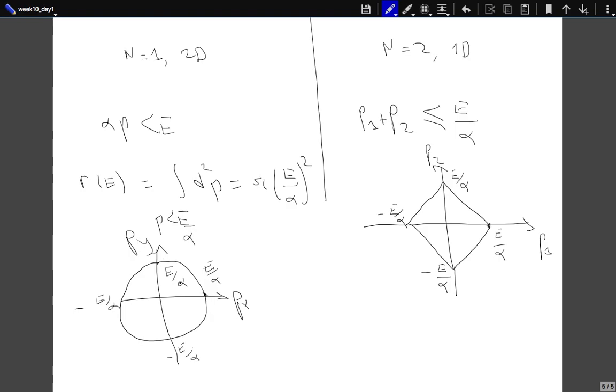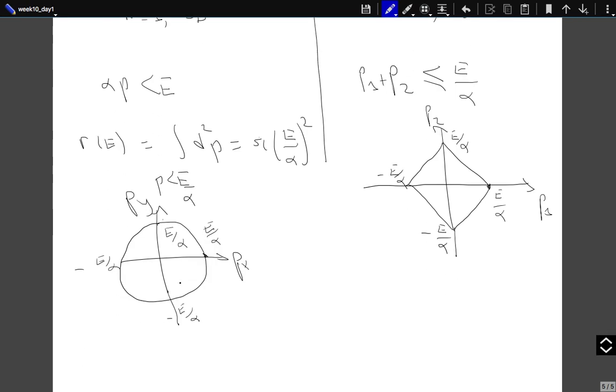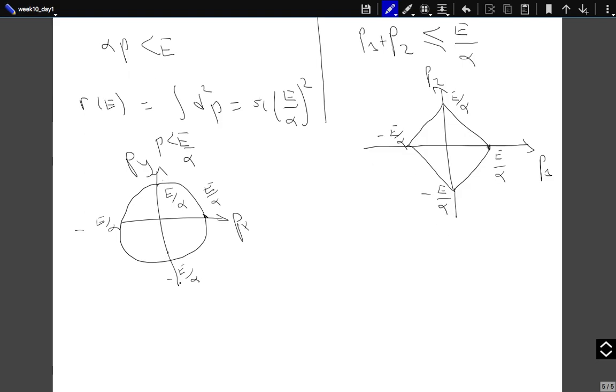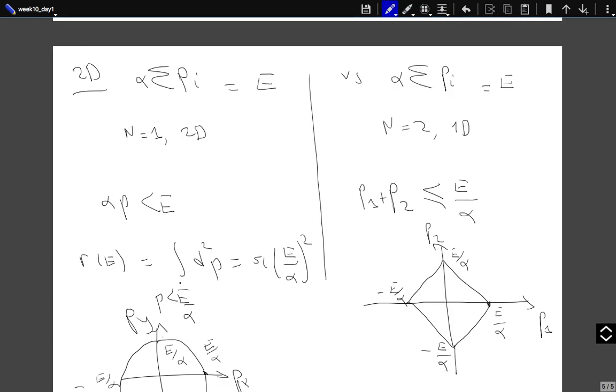Now, if you go to higher than 2 dimensions, the n particle case would have a much more complicated surface, because here, since we have one particle, the volume is determined by the squares of the coordinates.